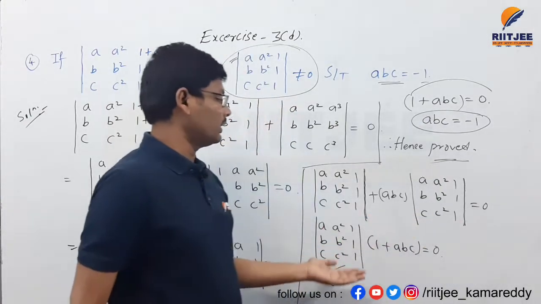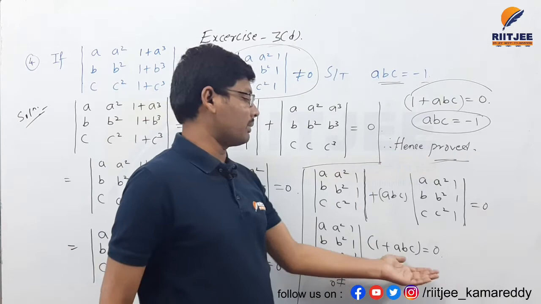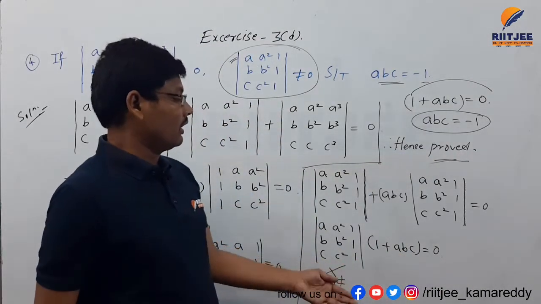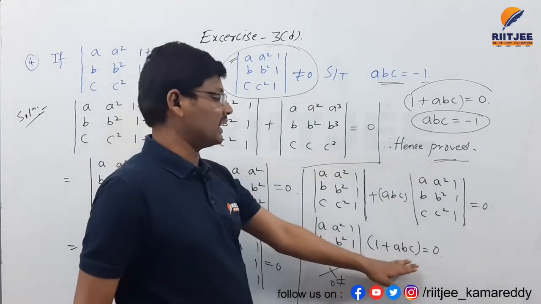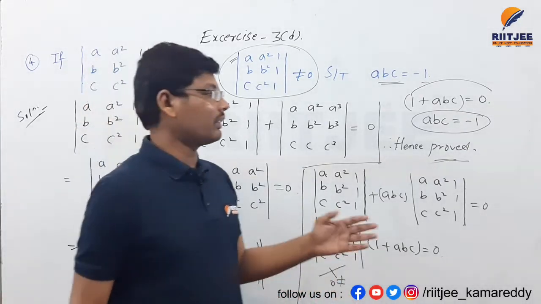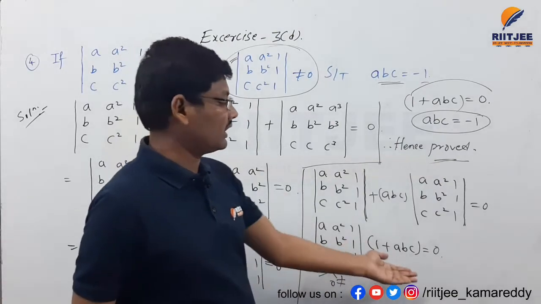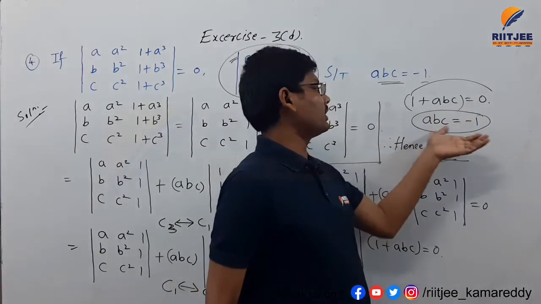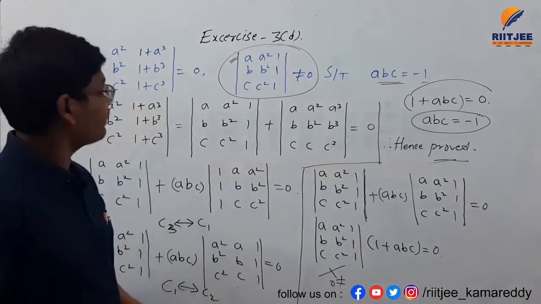I am taking the determinant common here. The rest of the term is 1 plus abc is equal to 0. Here he has given that condition, this determinant must not be equal to 0, so definitely this other term is equal to 0. If the product of any two terms is equal to 0, any one of the terms must be 0. So 1 plus abc is equal to 0, abc is equal to minus 1. Hence proved. This is all about question number 4.